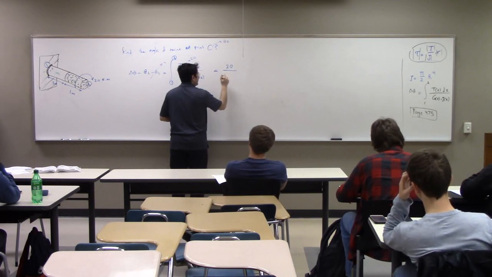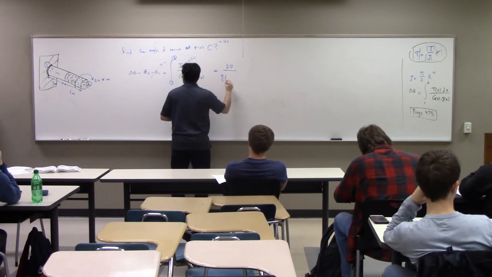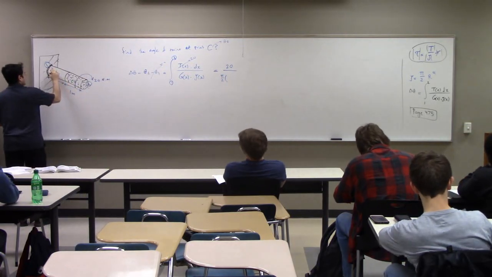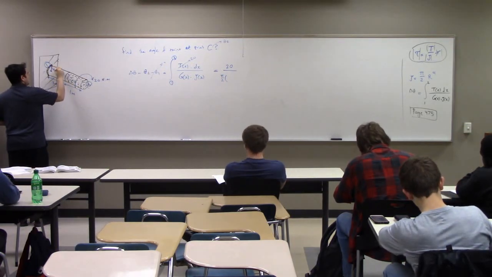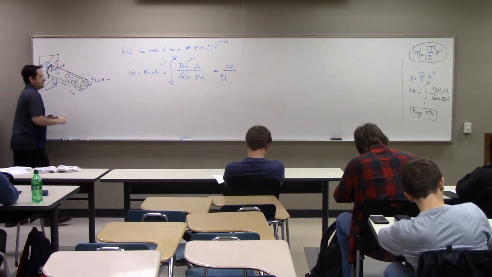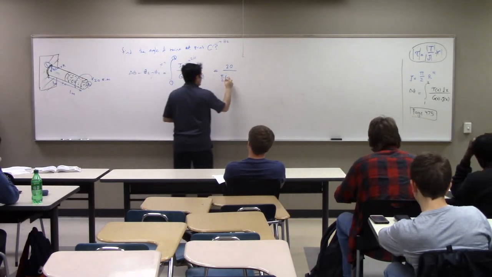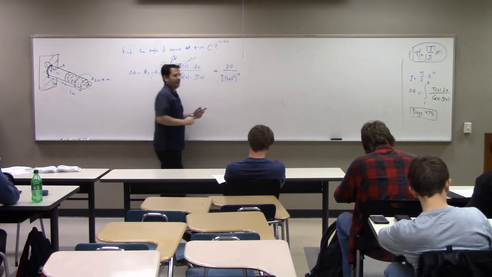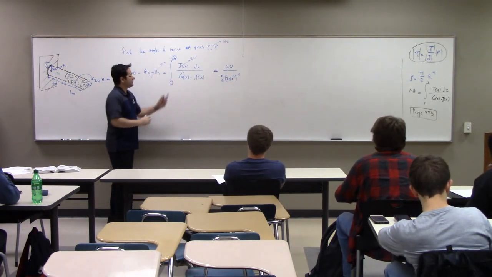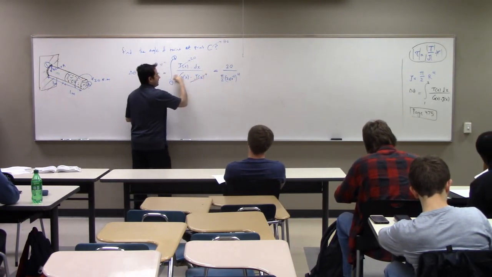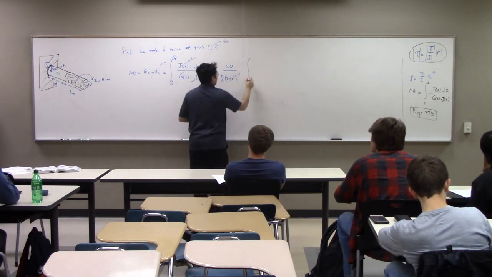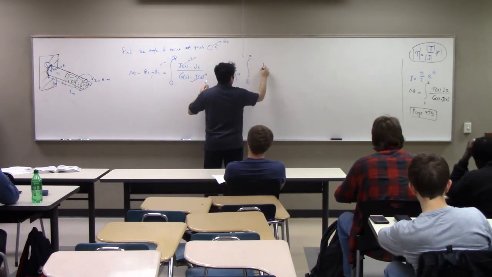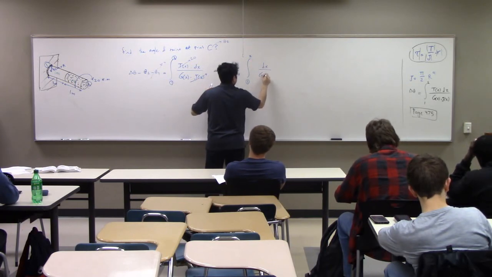Pi over 2 times the radius, which is 2 centimeter, so 2 times 10 to the negative 2, to the power 4. That's your J. Take these two out. So finally you have the integral from point 1 to 2 of dx over G of x.